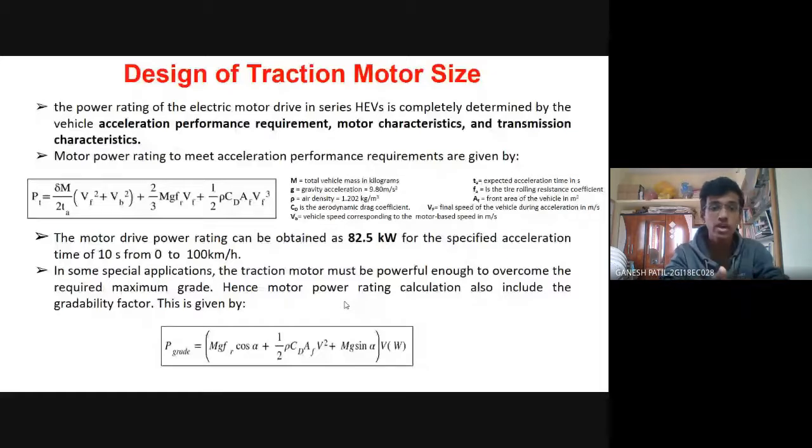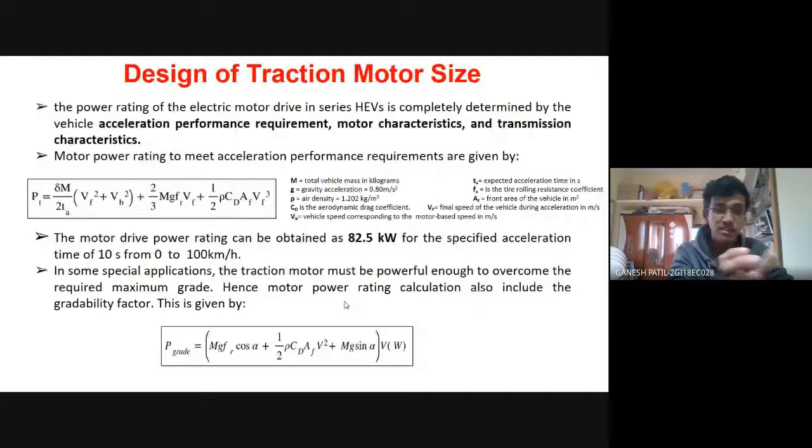Now, when we are driving on plain roads like highways and usually our city roads, we ignore the grade part. I'll come to it in the second part of this slide. But first, we'll understand the first equation, Pt is equal to m.